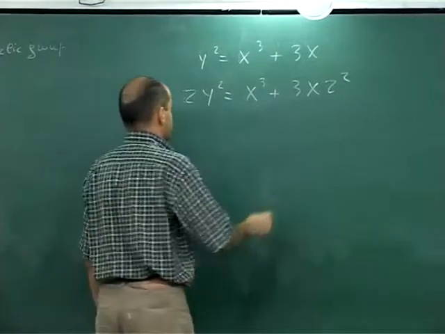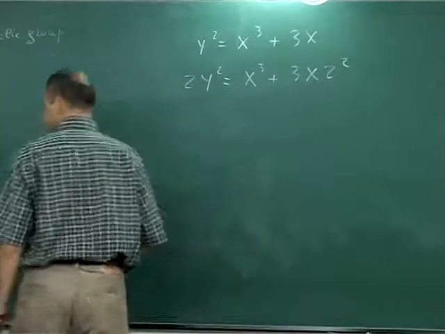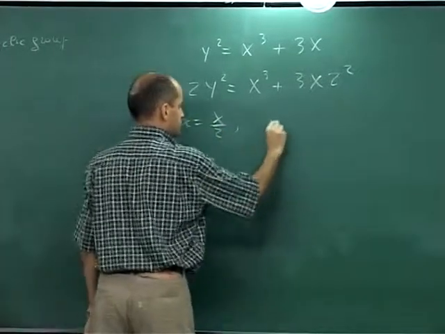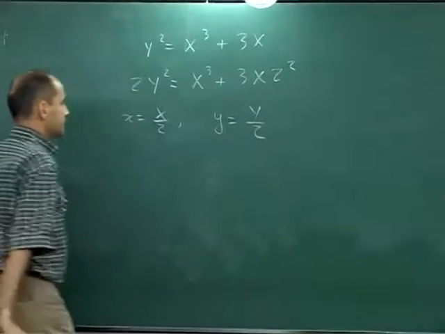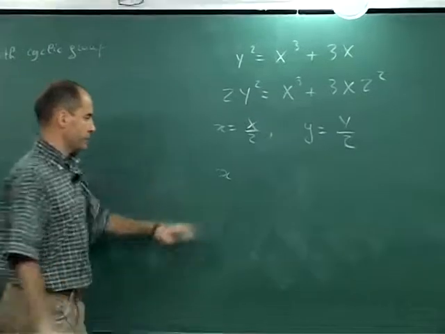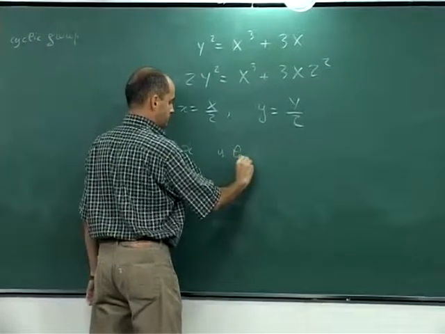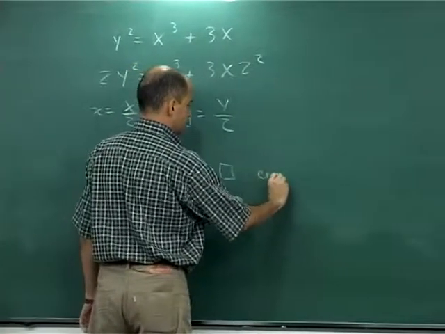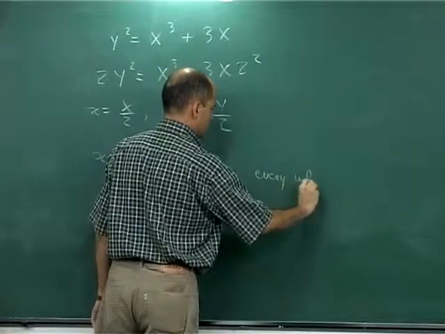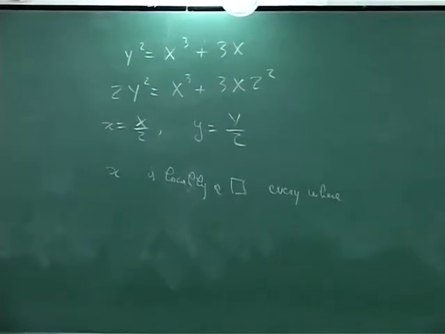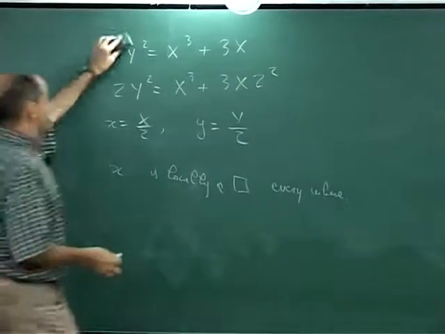So, as I prefer to write small x for capital X over Z and small y for capital Y over Z, now the function x is locally a square everywhere.